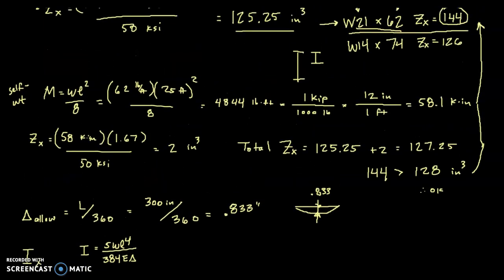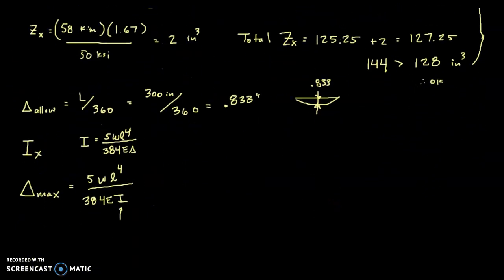We ended up choosing a W21 by 62. So that's what we have. We have a W21 by 62, and if we look up the I sub x value in the appendix, we look in Appendix A, we'll see that value.